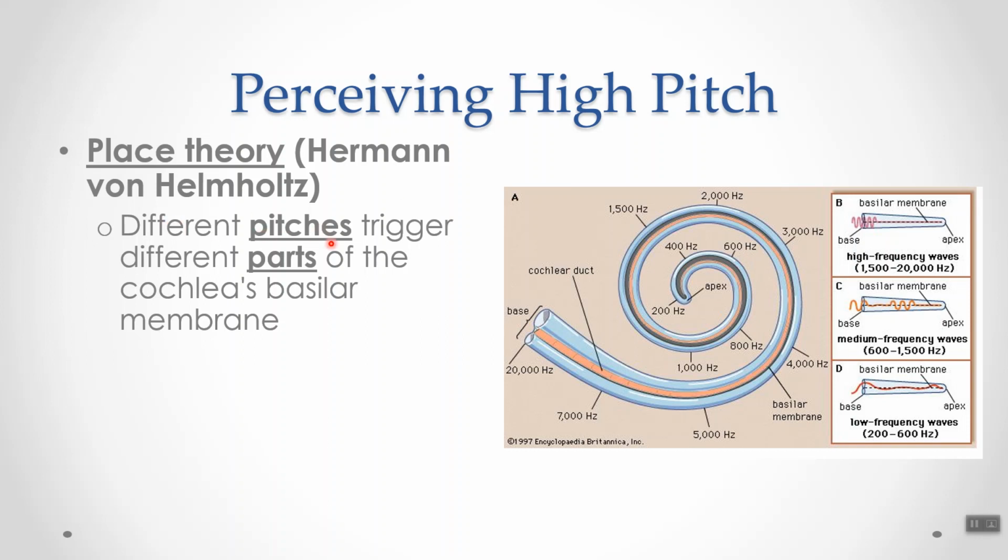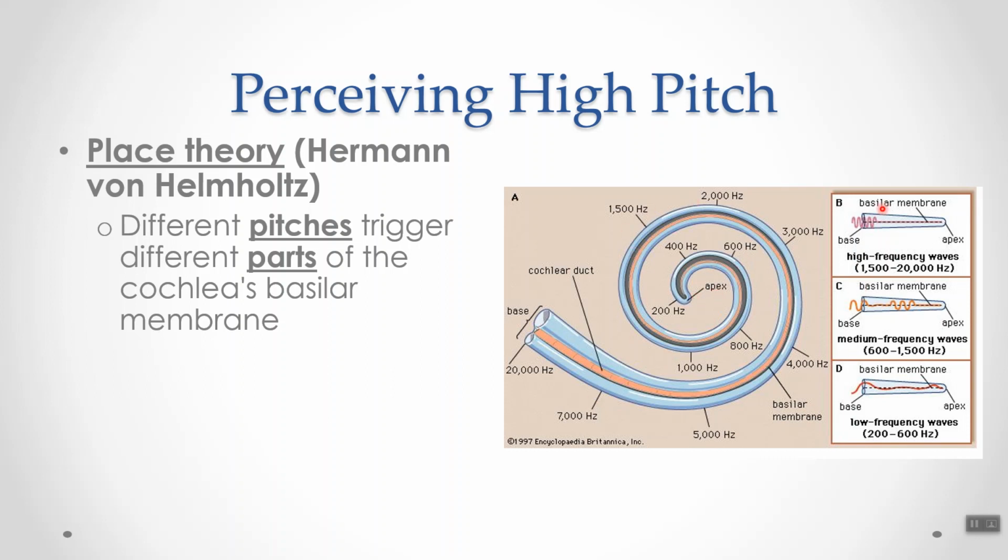Different pitches, high or low, so high voice, low voice, trigger different parts of your cochlea, the basilar membrane. So I told you the cochlea is all curled up. This is your cochlea, and it's receiving some information. All the hair cells are in here and they can get shaken up.